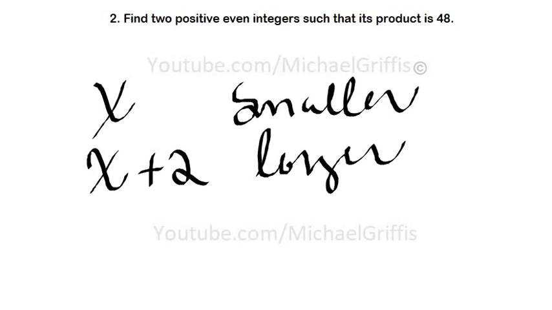You could say these are two consecutive even integers. I don't know why you couldn't say that. Their product is 48. So if you watch the previous problem, it's pretty much the same type of setup.